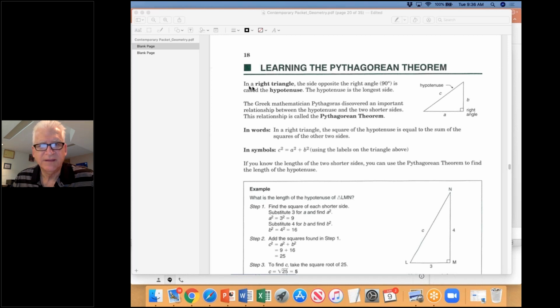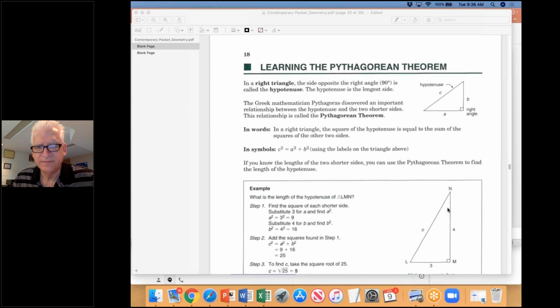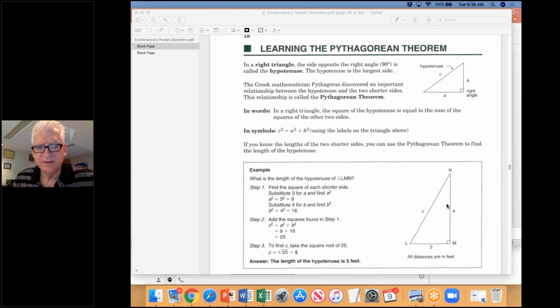And the Pythagorean Theorem uses a right triangle. And one of the things that the Pythagorean Theorem tells us is that if you know the two sides of a right triangle, you can find the third. And the way that you do it is you square those two sides, add them together, and take the square root. Don't have to remember this today because this is just a tip about future usage of triangles.